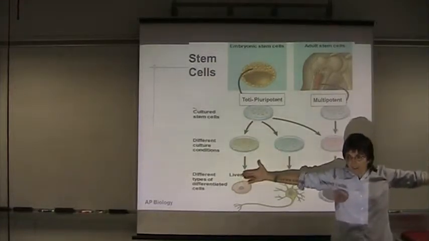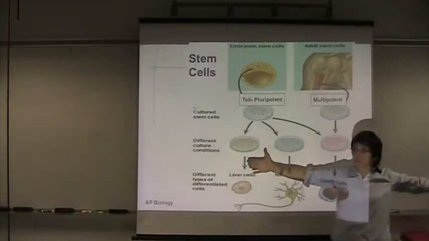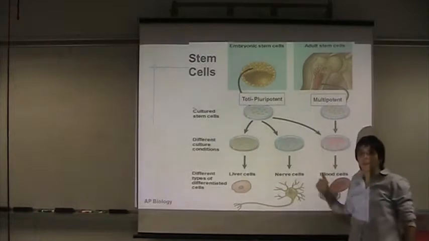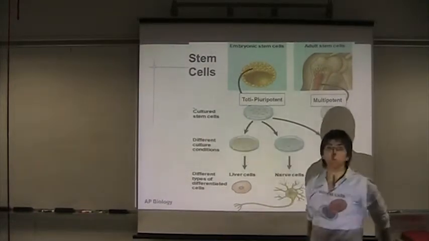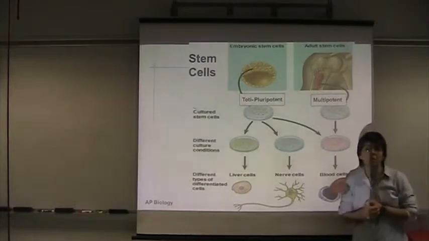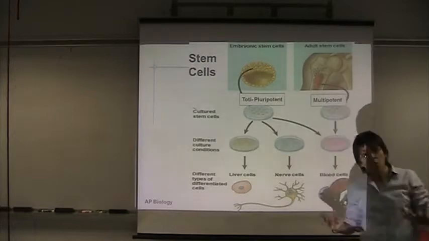Once you have that, what we can do with these adult stem cells is give them any signal that I want and make them become a specific type of cell. And that is what they are working on.